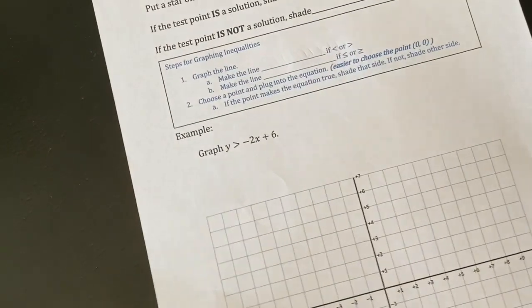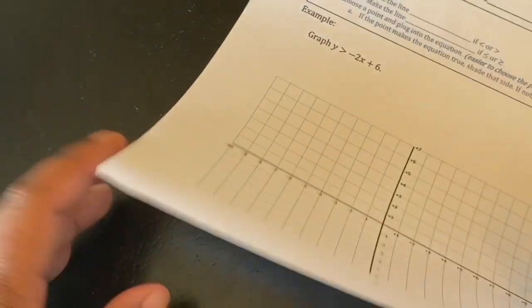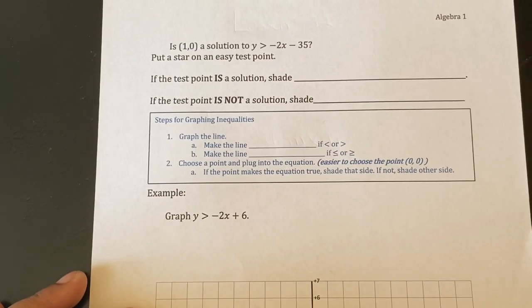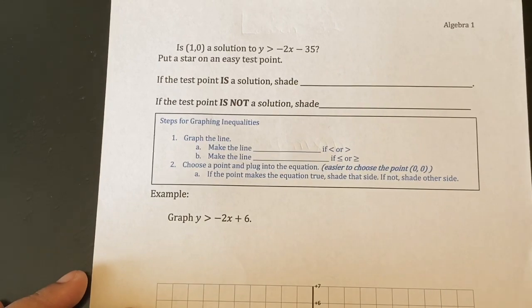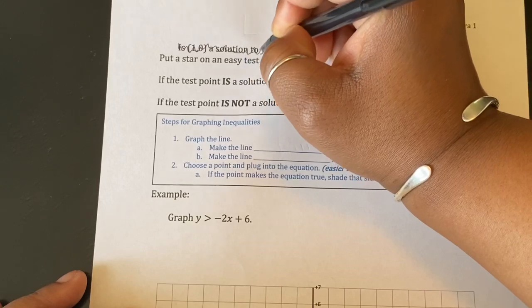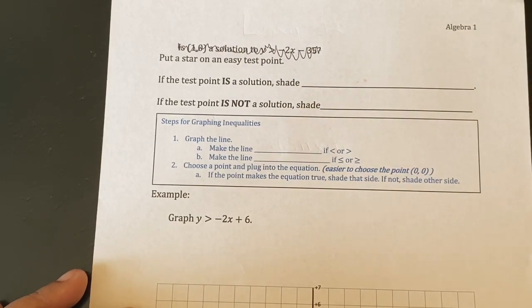Now, if I give you an inequality, you have to do a test. What you're going to test is the point (0, 0), just like we just did, to figure out where you're going to shade.